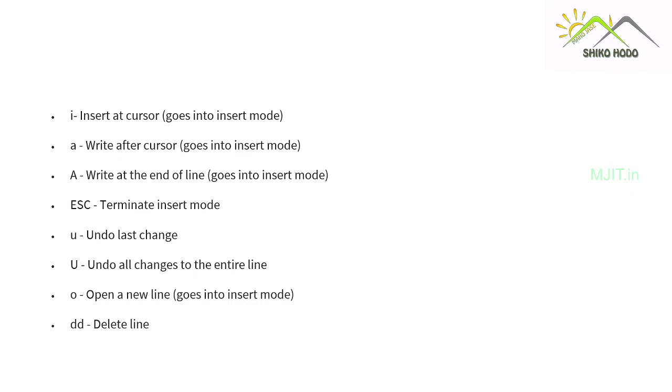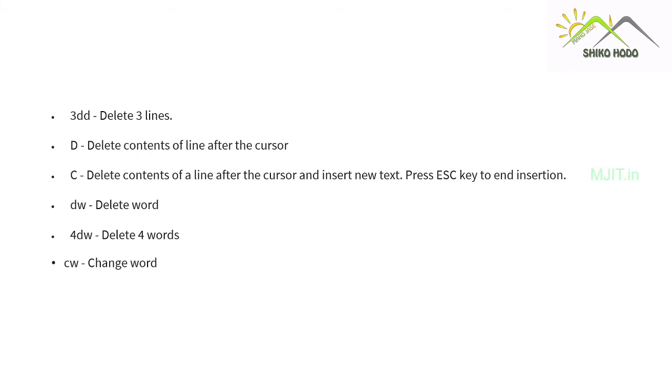U is for undo the last change, capital U for undoing all the changes on the entire line, O for opening a new line, DD for deleting a line, and 3DD is used for deleting 3 lines from where the cursor is pointing. Capital D deletes the content of the line after the cursor.